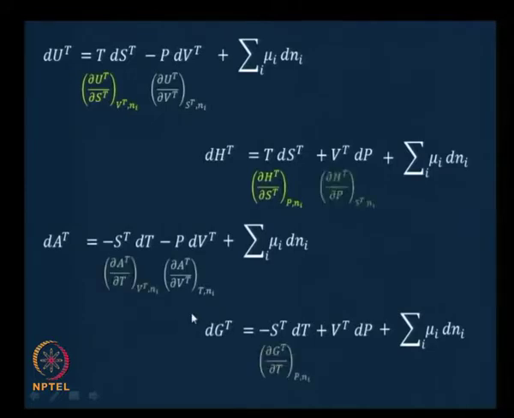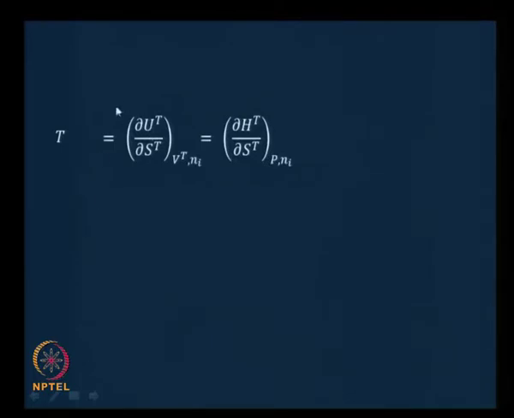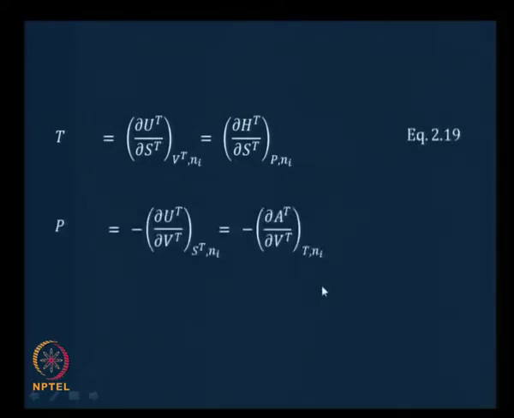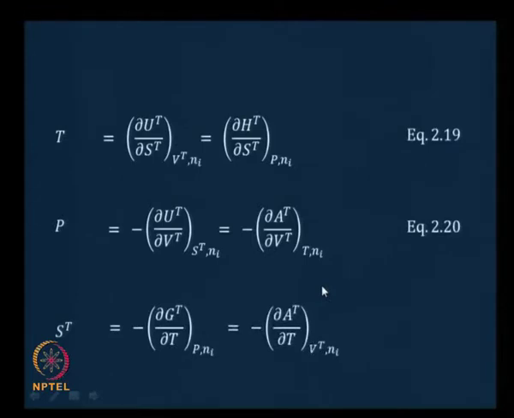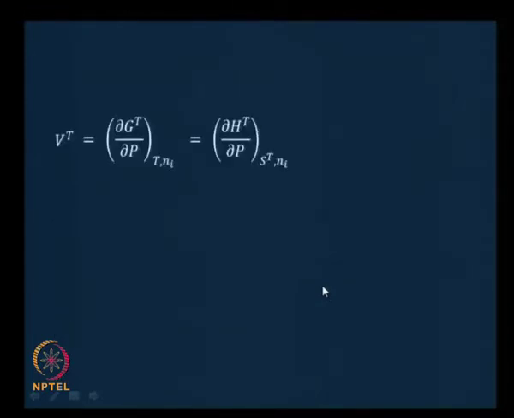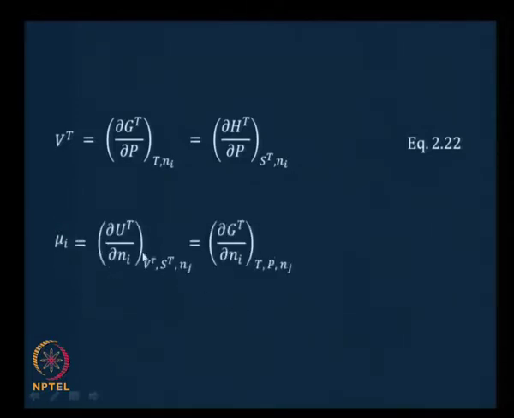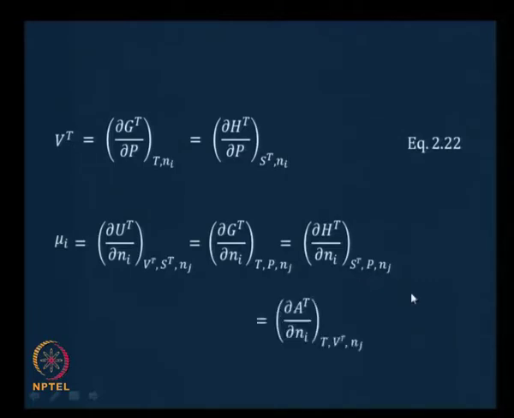We could write the various expressions as temperature as this, pressure as this, enthalpy as this, specific volume as this, and the chemical potential as ∂Ut/∂ni at constant Vt, St and nj, or ∂Gt/∂ni at constant T, P and nj, more commonly used, or ∂Ht/∂ni at constant St, P and nj, or ∂At/∂ni at constant T, Vt and nj.